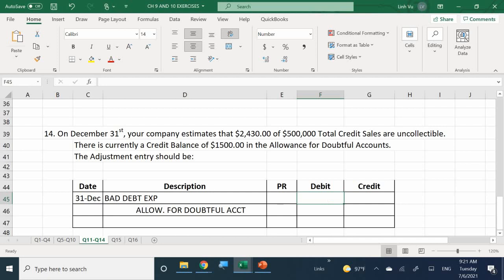So bad debt expense for 1,500. Not 1,500.